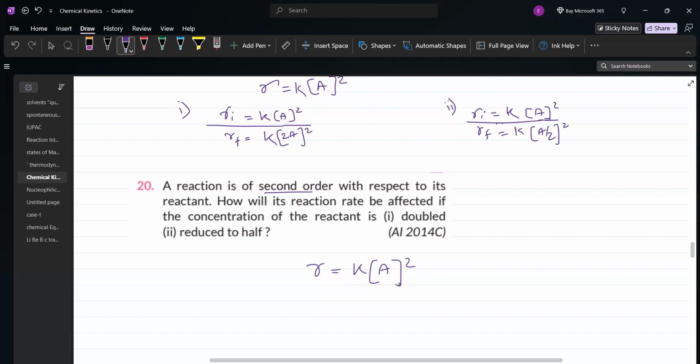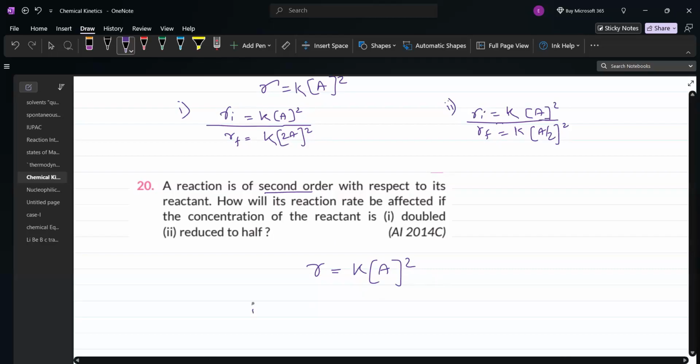If we have understood till this point, then for the first case, the rate of reaction will be K times, it will become double. A is becoming 2A, the concentration is becoming 2A. So what will it become? 4K A square, right?